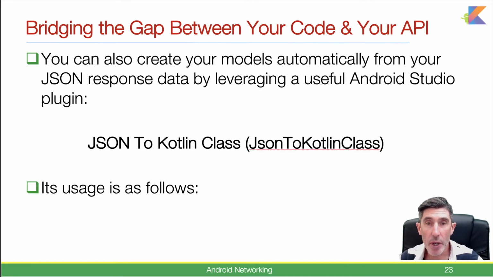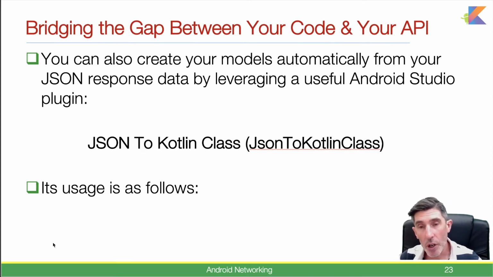Some other points to note as well, very nice. You can also create your models automatically from your JSON response data by leveraging a useful Android Studio plugin, which is the JSON to Kotlin class. So for argument's sake, say you're starting from scratch, and beforehand you know what the API is and what the endpoints are.